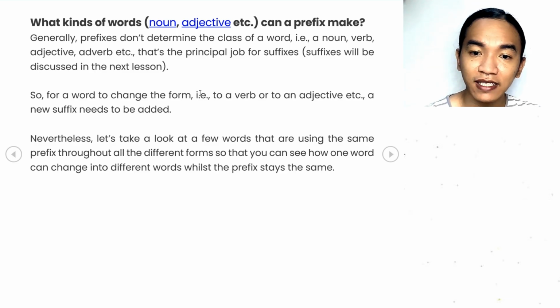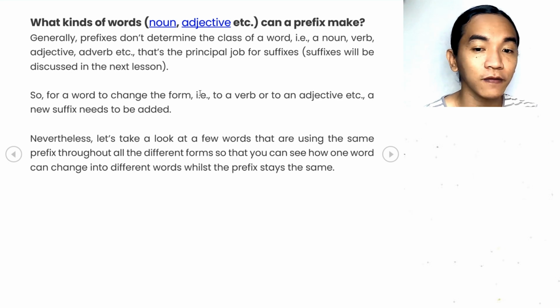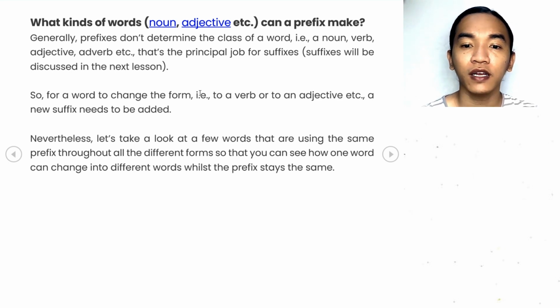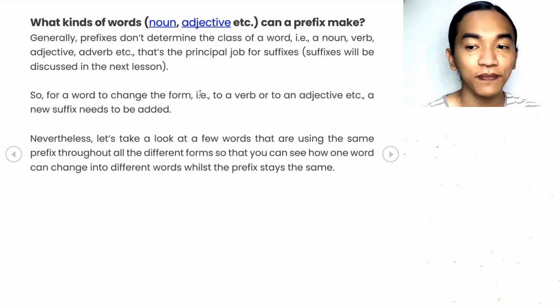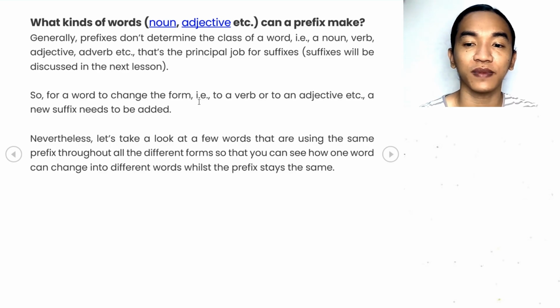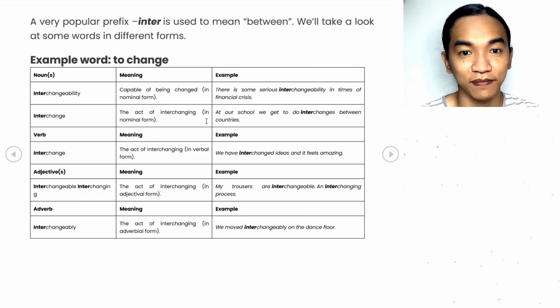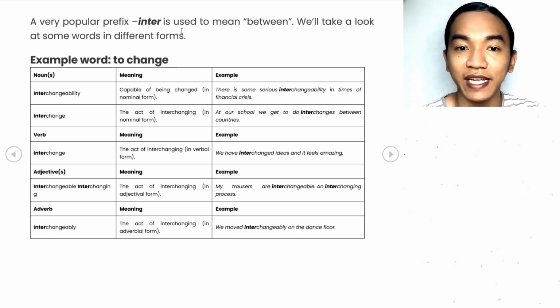So nevertheless, let's take a look at a few words that are using the same prefix throughout all the different forms, so that you can see how one word can change into different words whilst the prefix stays the same. Example, here we have inter. It means between.